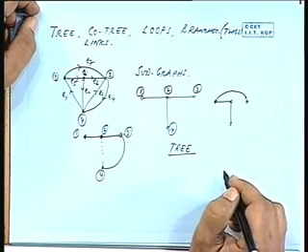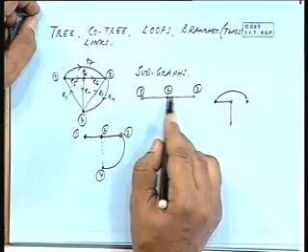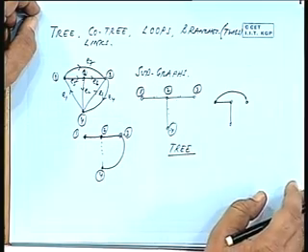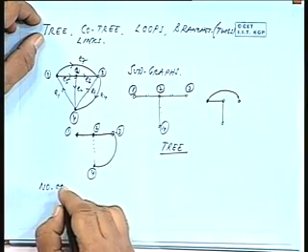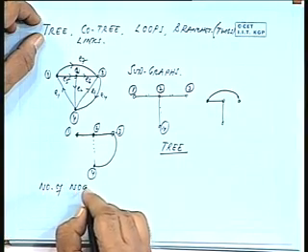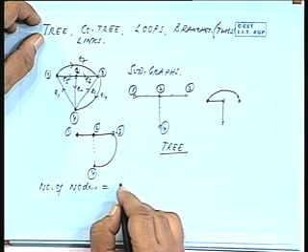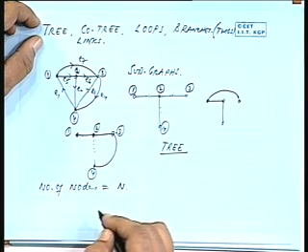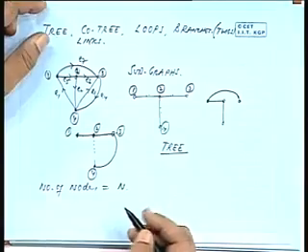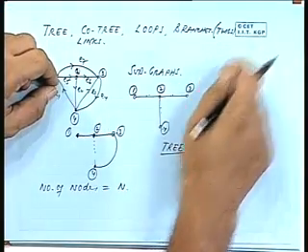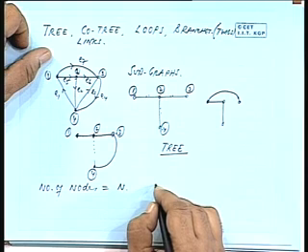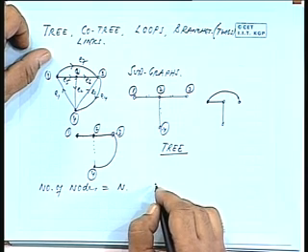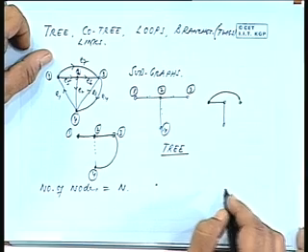How many elements are there in a tree? Suppose the number of nodes is equal to capital N, say. To connect N points you need N minus 1 elements. We will call them twigs, or many books write branches of a tree.